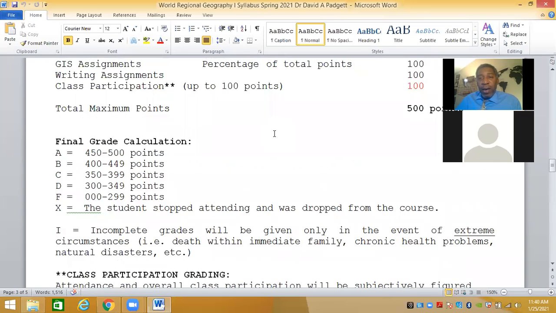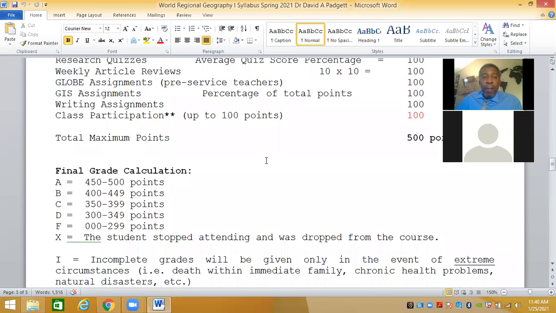So what if I see, wow, Gwendolyn has 440 points, but Gwendolyn has been emailing me, she's been asking questions, she's been actively engaged in the class, then certainly I would give Gwendolyn 10 class participation points, and that would round her up to 450 and she would get an A. So that's how that class participation grade works.